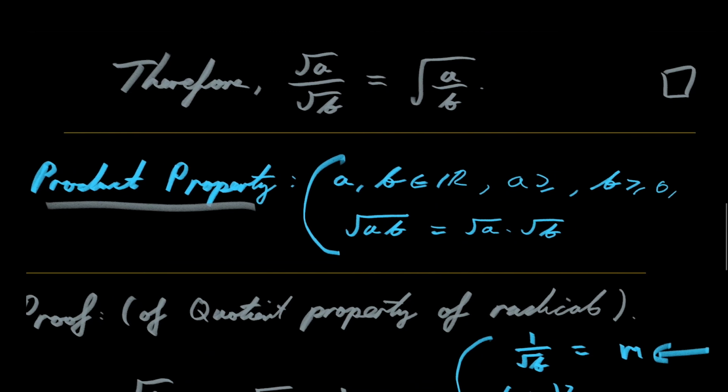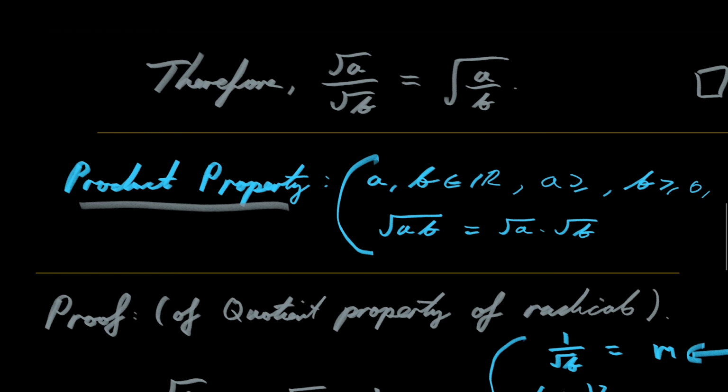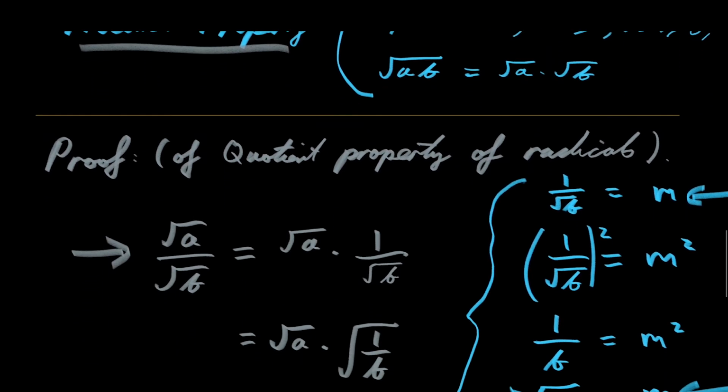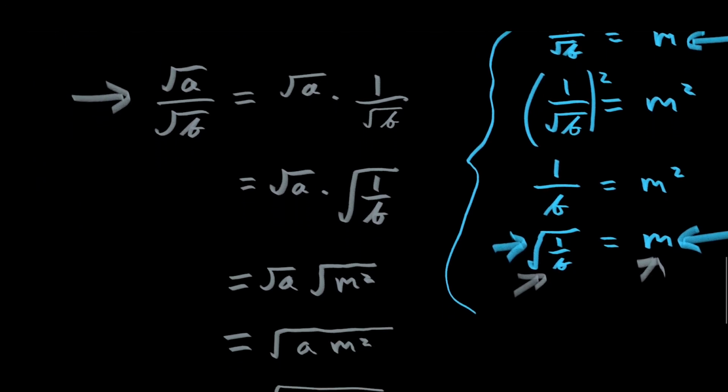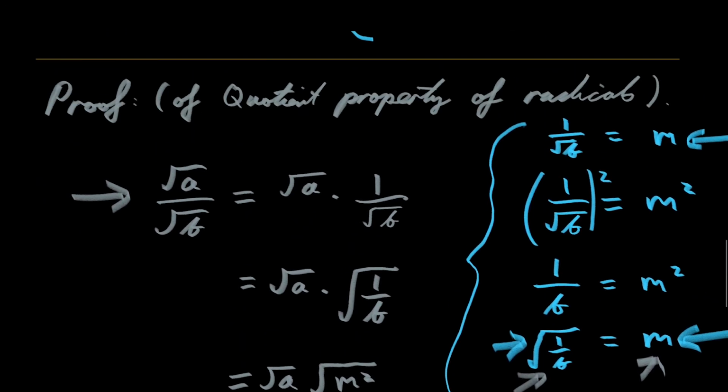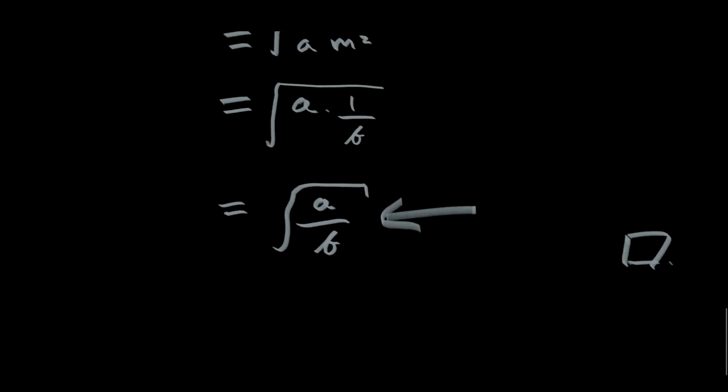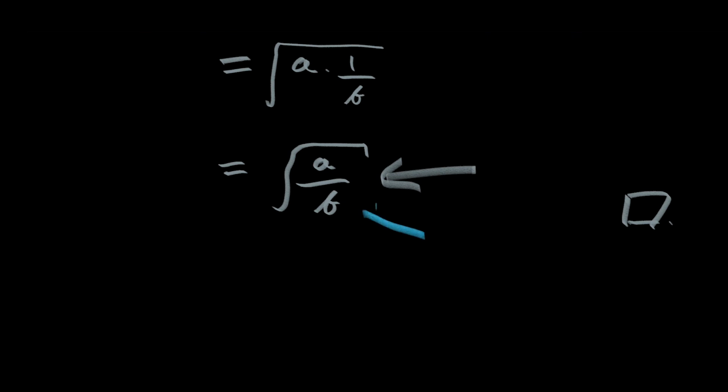Then I restated the product property of radicals from the previous video so that you could recall it for our proof of the quotient property, because we used the product property of radicals to prove the quotient property of radicals. We started off on one side of the equation in the quotient property of radicals, did a bunch of reasoning, and found out that we could produce the other side of the equation. And that concluded our proof.